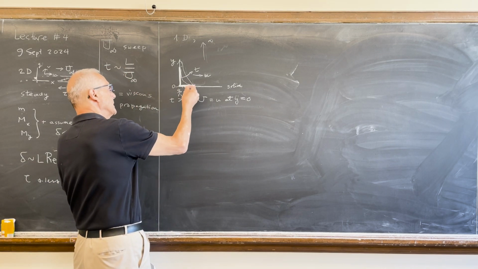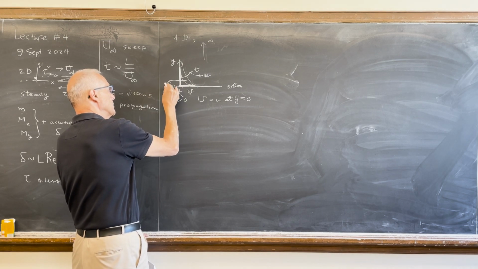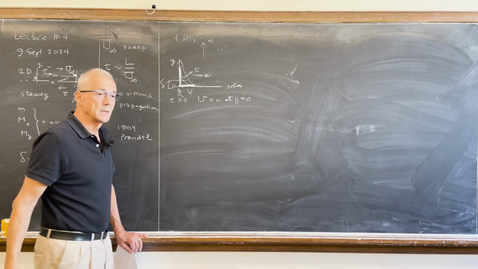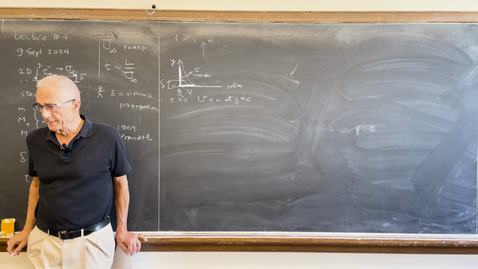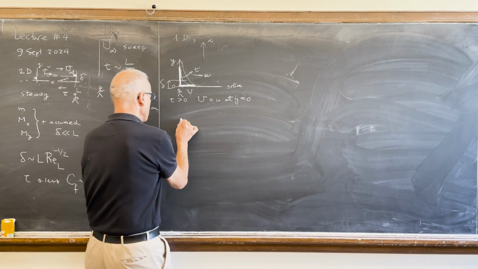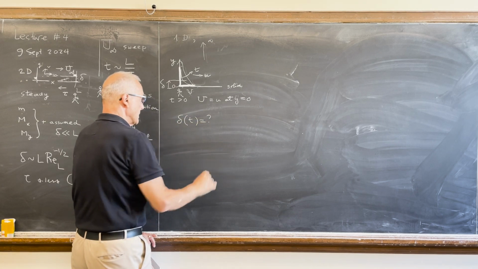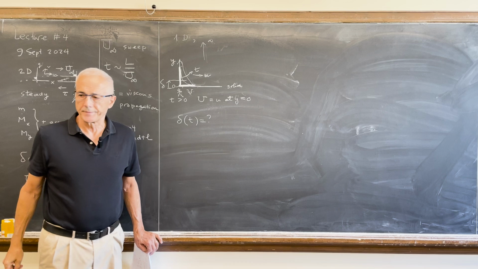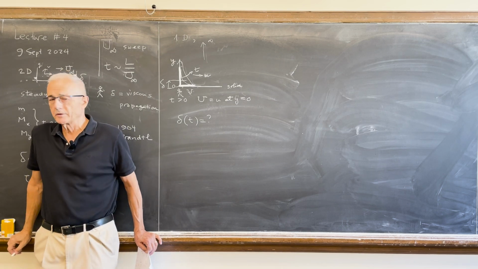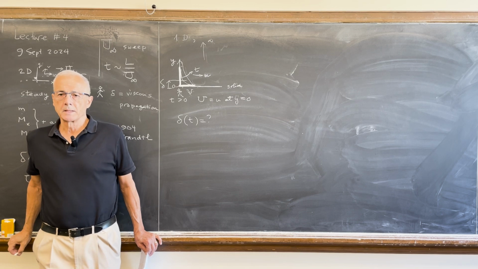So in a drawing like this, the dimension of interest is delta, which is a function of time. And that is the problem. That can be solved this time on half of a back of an envelope using scale analysis.